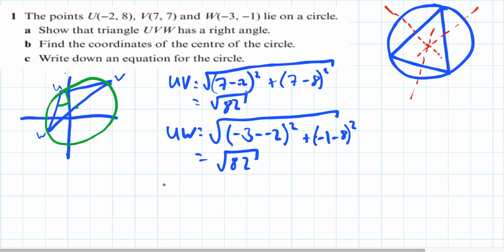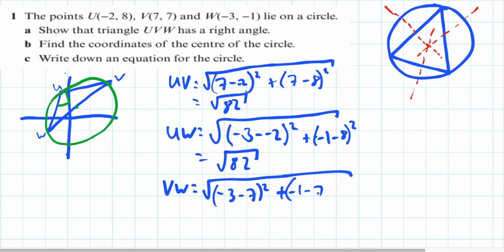And let's work out the last one, VW. So that equals square root of -3 minus 7 squared plus -1 minus 7 all squared. So that equals -10 squared, 100, 64, square root 164.